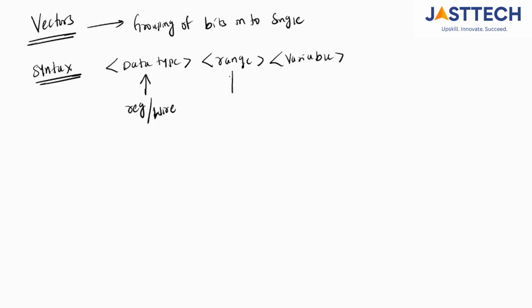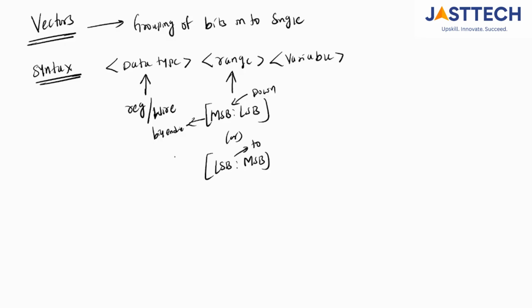The range has two types of representation: MSB down to LSB, or LSB to MSB.